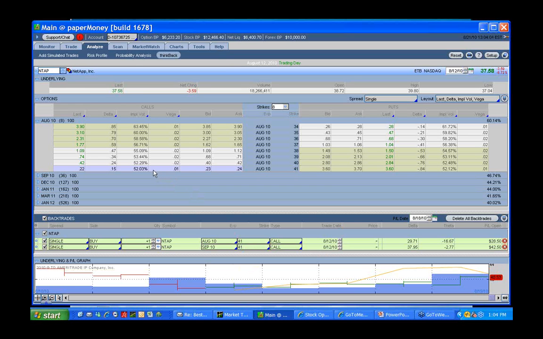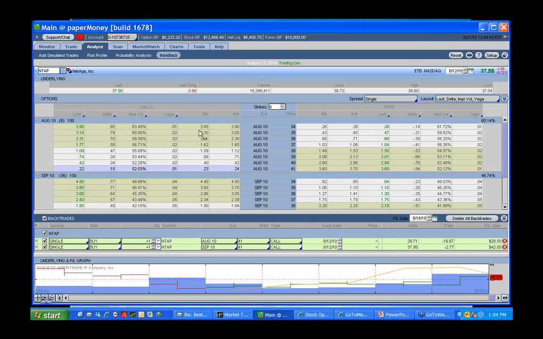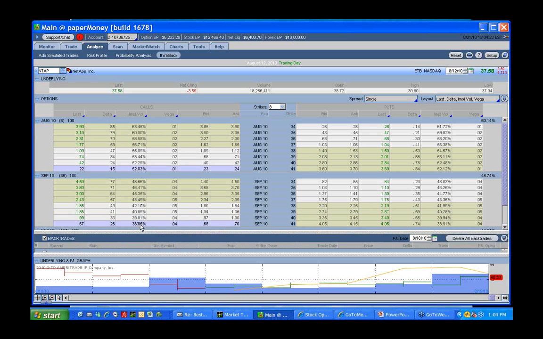You may want to try buying both in August and September. But you're going to be buying the August to make your money off of this increasing implied volatility on the run-up to earnings. You're going to be buying the September to make your profit on the move that Best Choice told you happens 10 out of 10 years.